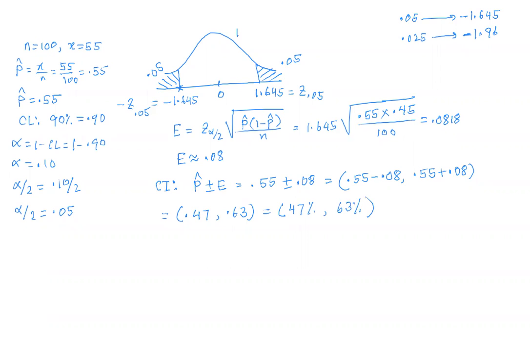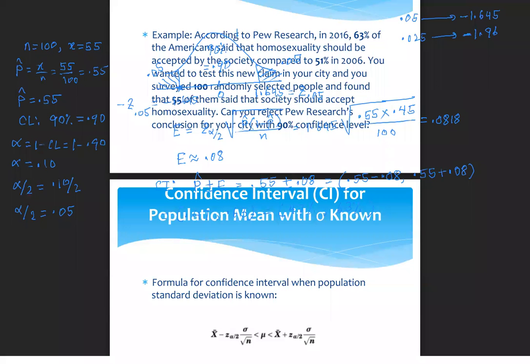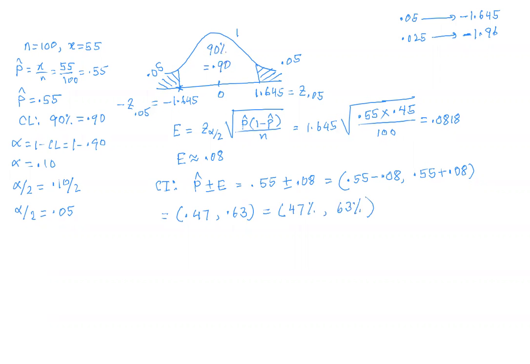Now that's what your calculation gives you for the confidence interval. And how confident are you? 90%, which is 0.90. Now, what did the Pew Research say? 63%. The national proportion is 63%.